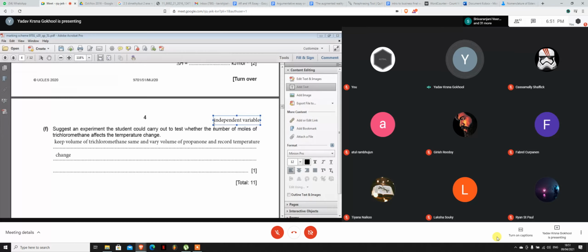Propanone will be the control variable. Temperature change will be, of course, the dependent variable.